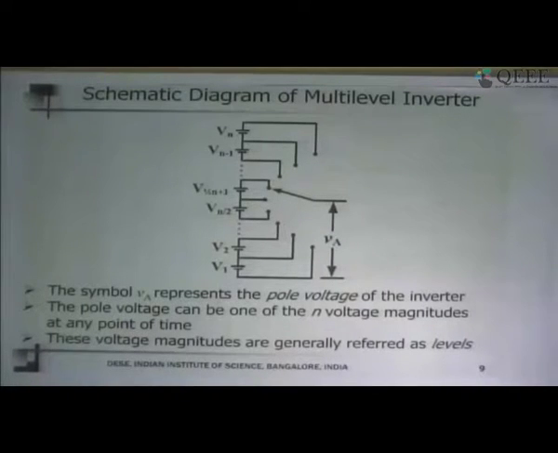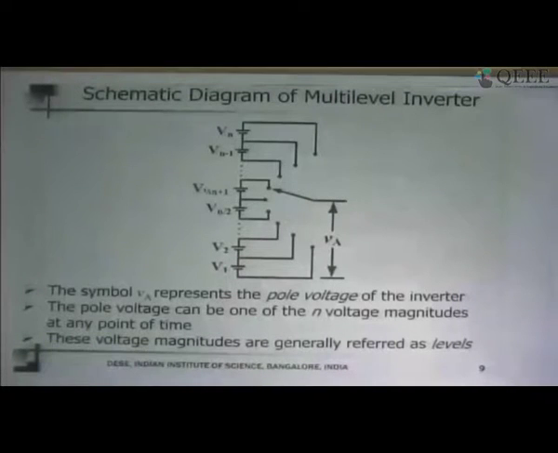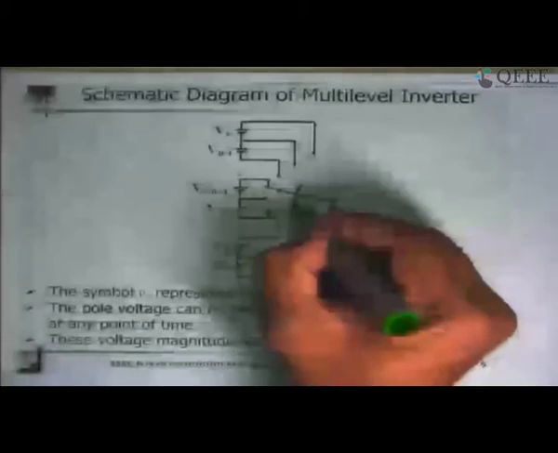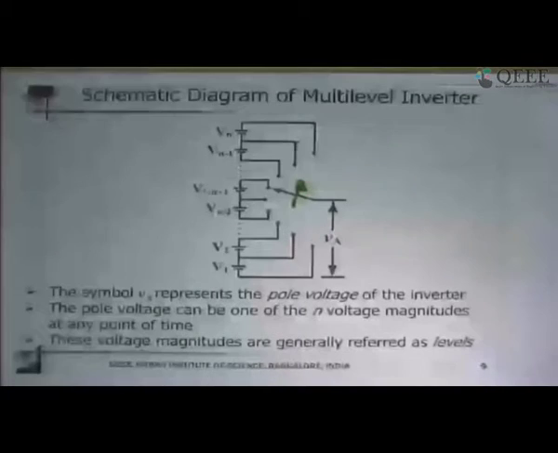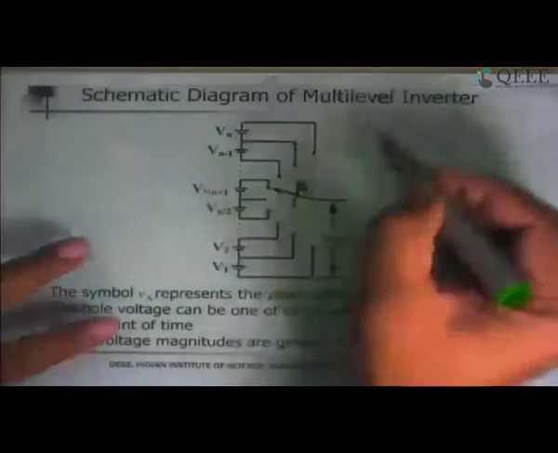If we can have three levels, we can have more than three levels as well. Let's say we have n levels of DC link voltages available to us. Then we can connect the pole to any of these voltages.